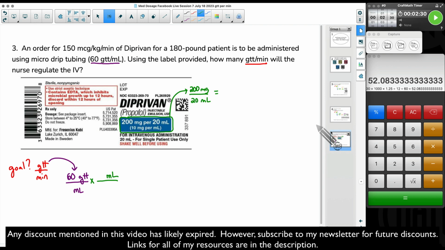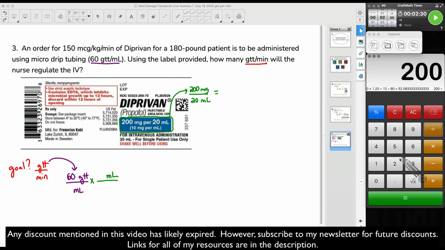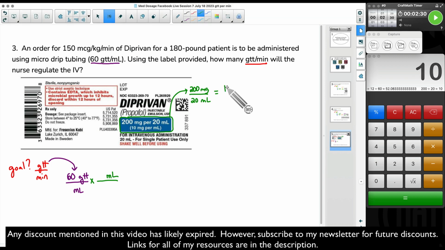If we take 200 divided by 20, let's do that. 200 divided by 20 is 10. Well, guess what? That means 10 milligrams per 1 milliliter. Do y'all see how it's the same thing? 200 milligrams in 20 milliliters of liquid is the same thing as 10 milligrams per 1 milliliter.